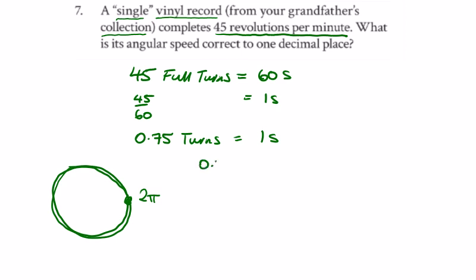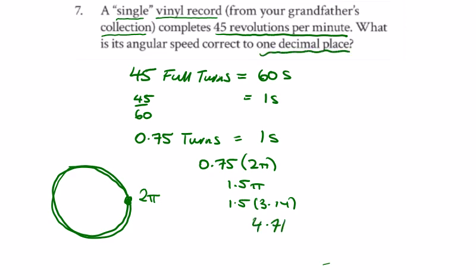So it's going 0.75, it's going 3/4 of the way around, so 3/4 of 2π is 1.5π. 1.5 times 3.14 is 4.71. Correct to 1 dp is 4.7, and that will be radians per second.